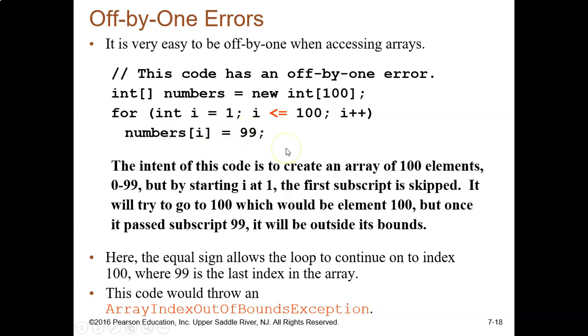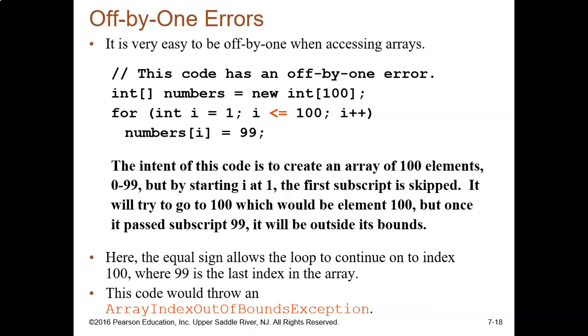Now the intent of this code is to create an array of 100 elements, but the indexes are 0 to 99. By starting your i at 1, the first subscript is skipped. That means whatever's stored in the first element got skipped, and we're starting actually at the second element in the array.